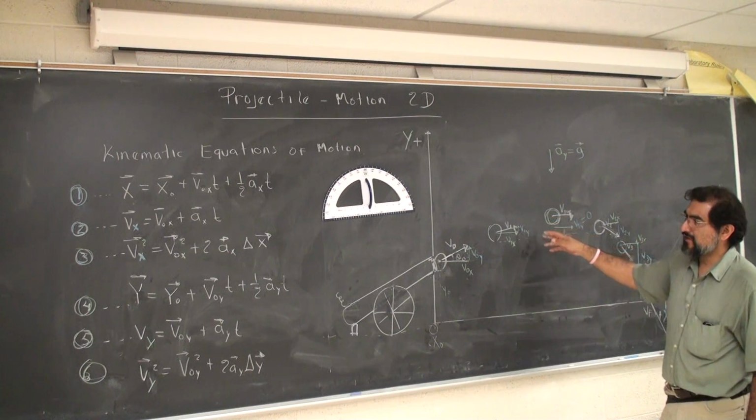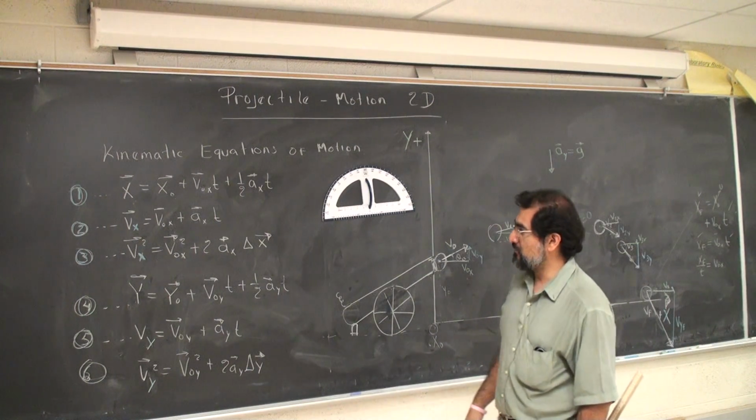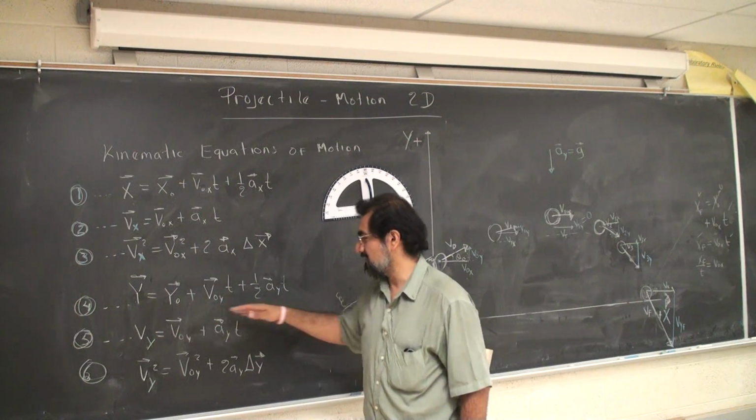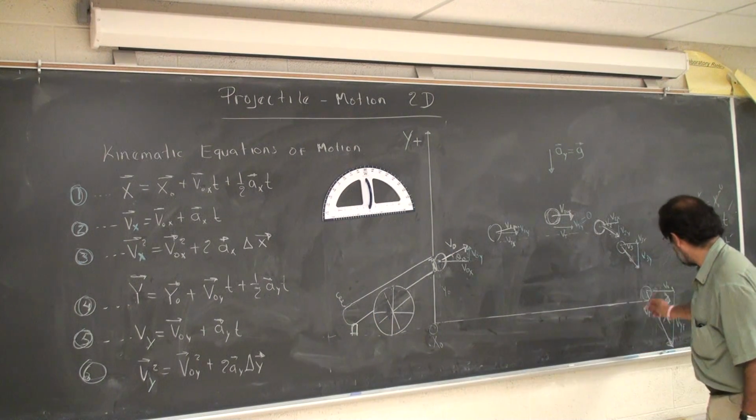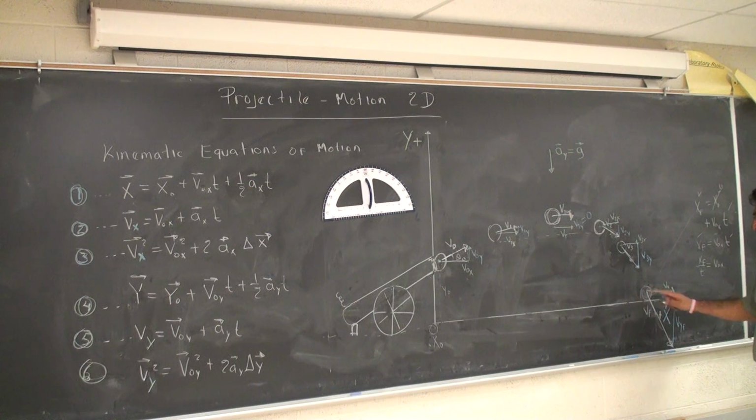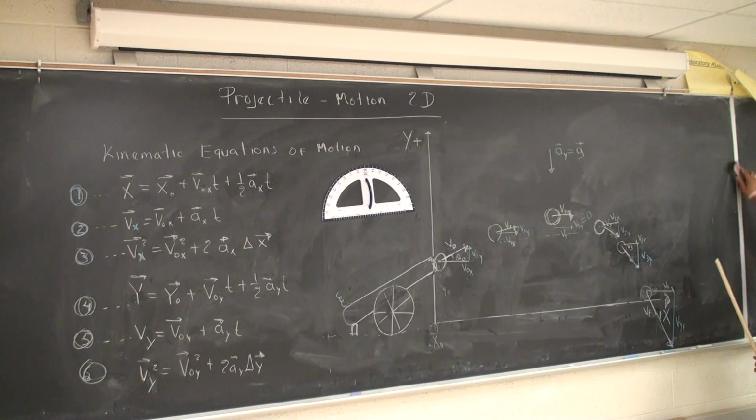Okay, what about the position in y? Let's see if we can obtain some information from that. At this point, what is the y? I'm going to raise this, so I'm going to have more time to discuss.